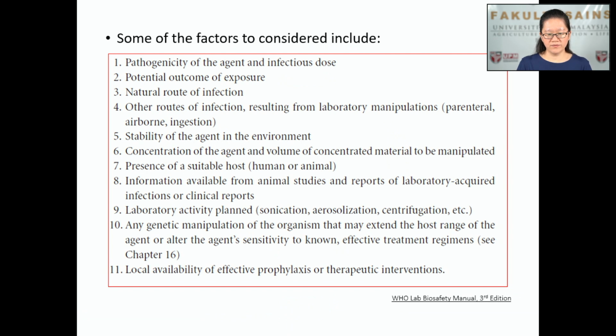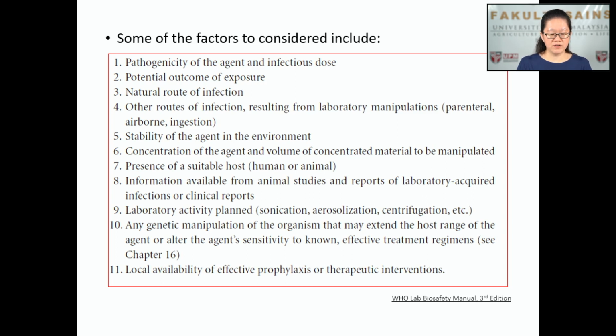Some of the factors to be considered when assessing risk include pathogenicity of the agents and infectious dose, potential outcome of exposure, natural route of infection, stability of the agents in the environment, concentration of the agents and volume of concentrated material to be manipulated, presence of a suitable host, and information available from animal studies and reports of laboratory-acquired infections and clinical reports. Also laboratory activities, plans, and genetic manipulations of organisms that may extend the host range of the agents and alter the agent's sensitivity to effective treatment regimens.